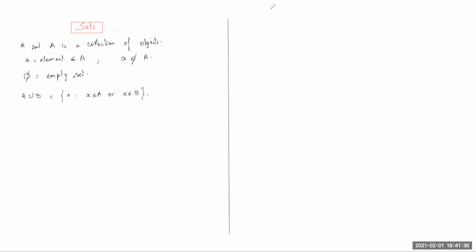For example, suppose that A is the set with these three elements, 1, 2, and 3. B also has three elements, 2, 4, and 5. And C is another set that contains the only element 7.